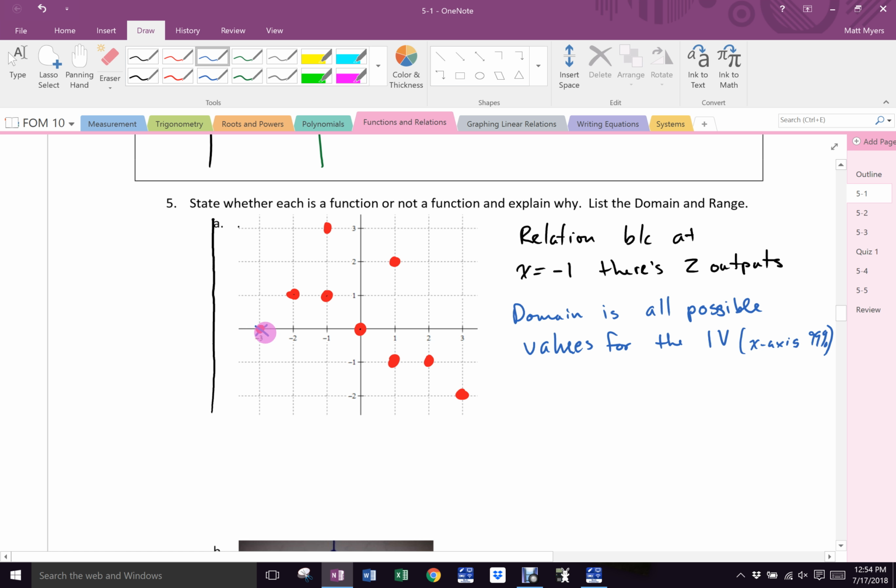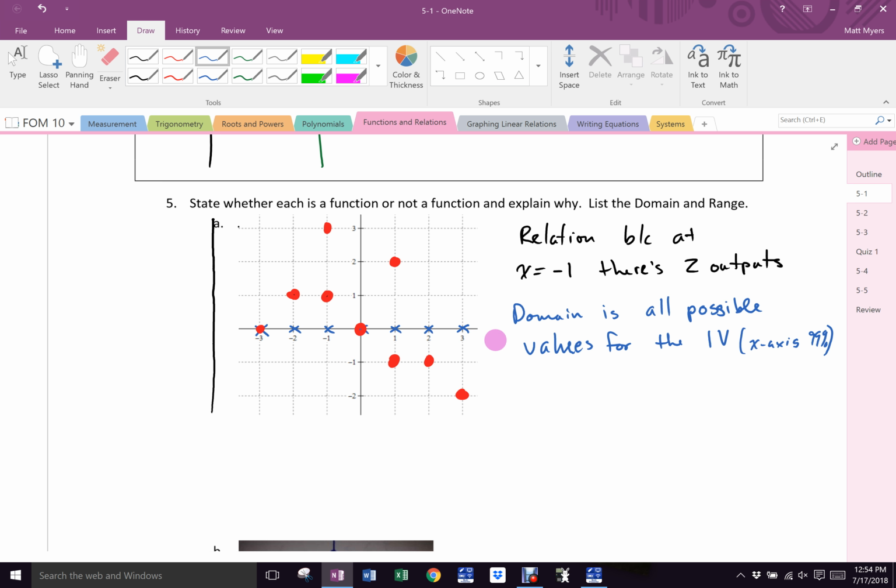So let's check our x-axis. Is there a dot right there? Yep. Right there, right there, right there, right there, right there, and right there.